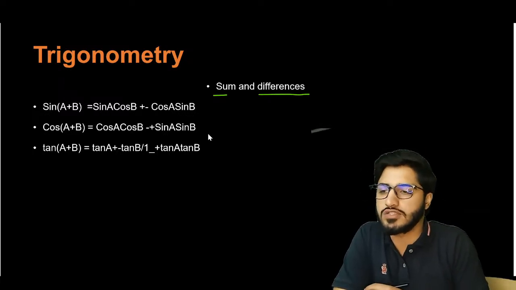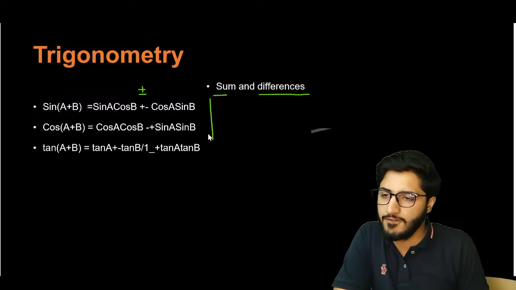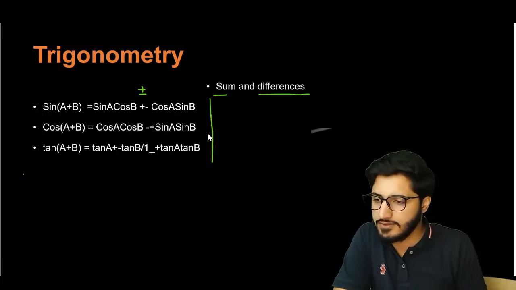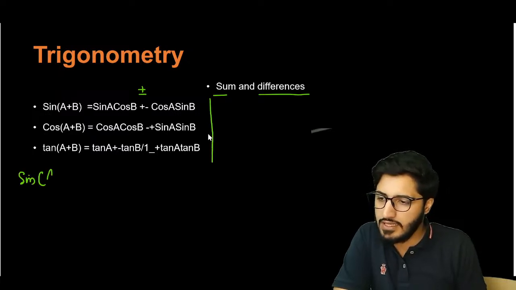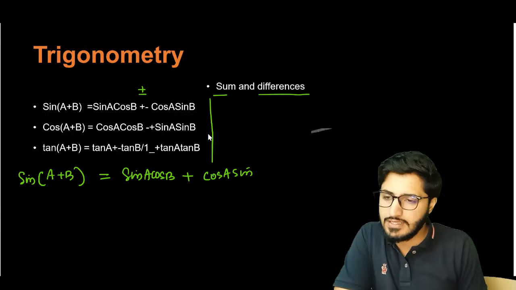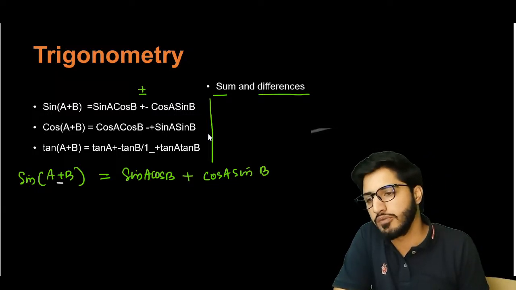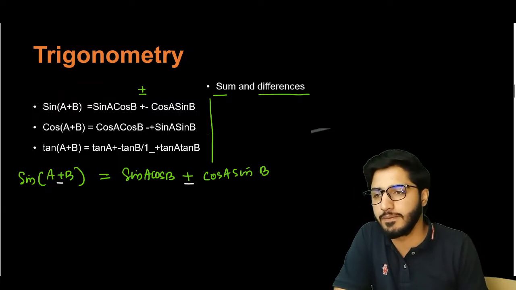It is sine A cos B, plus or minus cos A sine B. So sine A plus B, you can write as sine A cos B plus cos A sine B. And if we do sine A minus B, it will become sine A cos B minus cos A sine B.